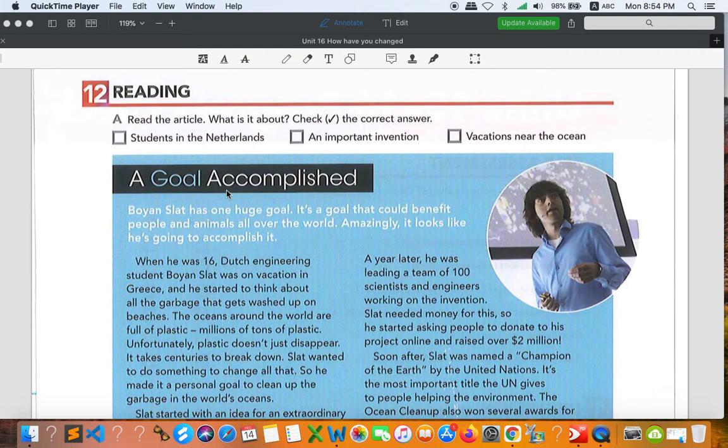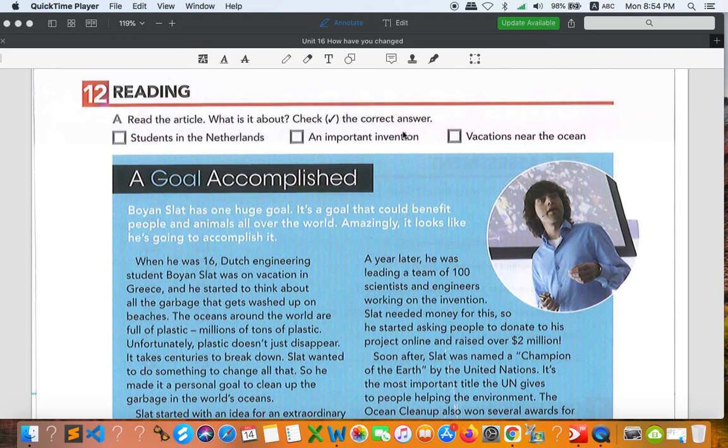So, a goal accomplished. Accomplished means achieved. All right, you succeeded. So it's just like a goal that you succeeded, the goal that you achieve in life. So what you're going to do in this activity, everyone, is read the article. What is it about?